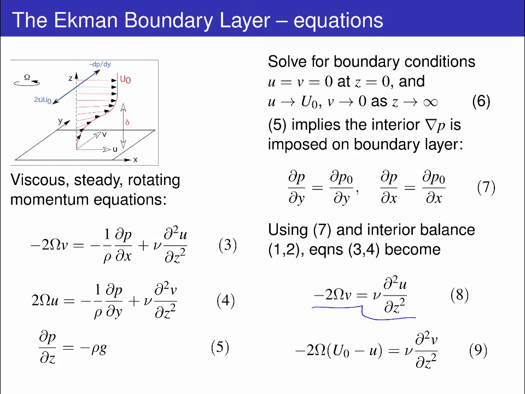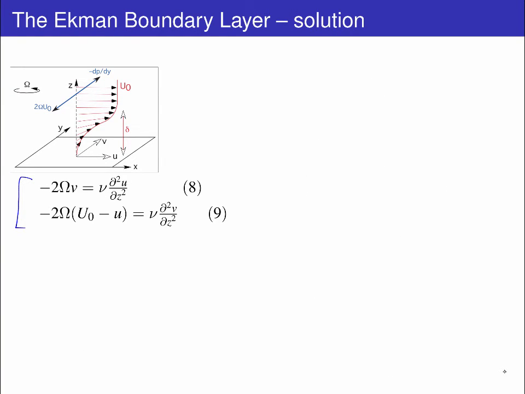It also allows us to substitute 2 omega big U naught for the pressure gradient in the y direction, giving 2 omega times the difference between the velocity in the interior and in the boundary layer as equal to the y viscosity term. These two equations are second order, and considering our limited boundary conditions, we will need to take them to fourth order to solve for u or v.